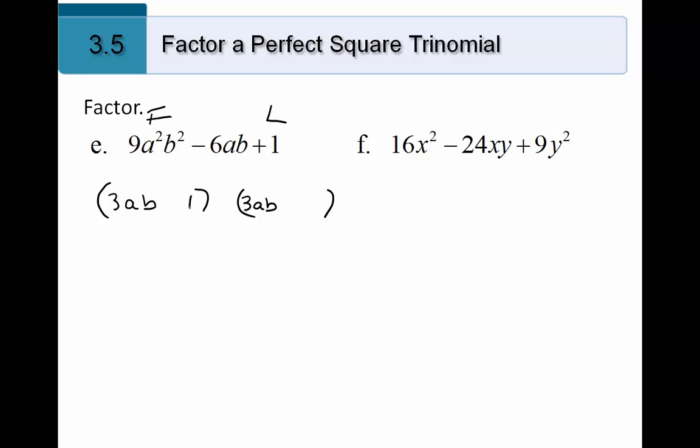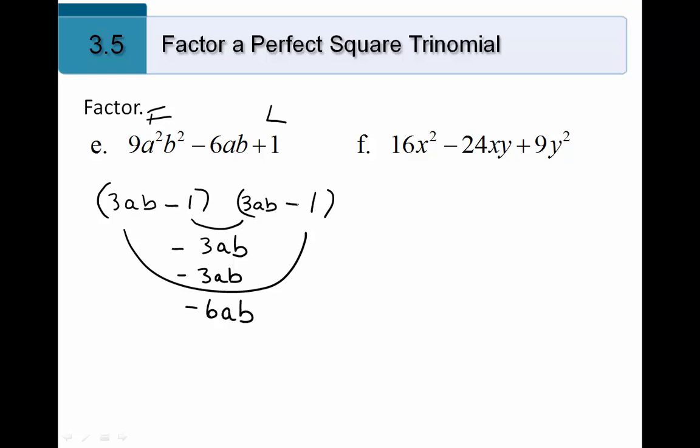My L, 1 multiplied by 1 is 1. Checking my inner, 1 times 3ab is 3ab. My outer, 3ab times 1 is 3ab. It needs to add up to negative 6ab, which it will as long as they're both negative. So this is equal to 3ab minus 1 raised to the second.